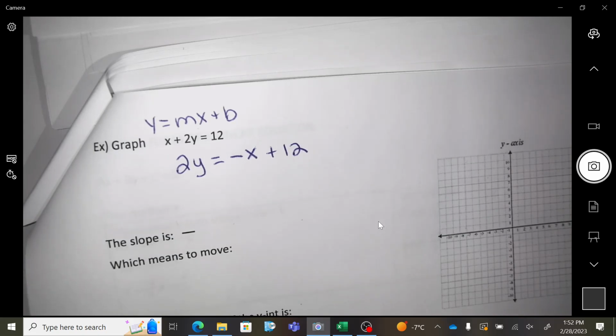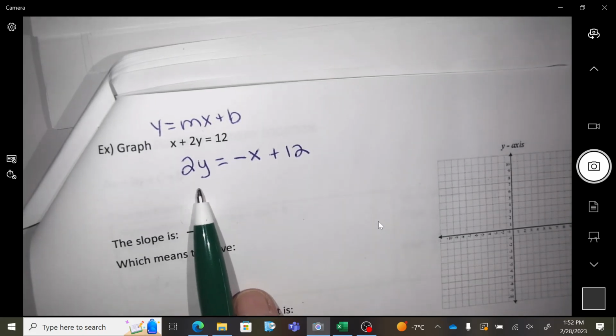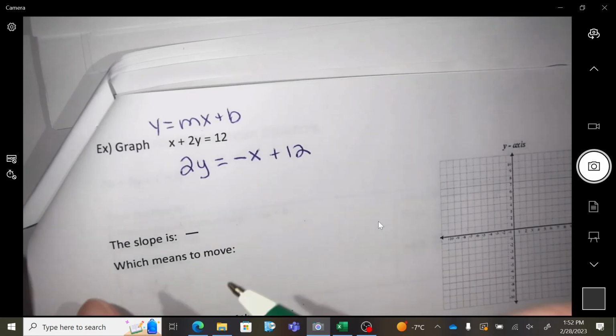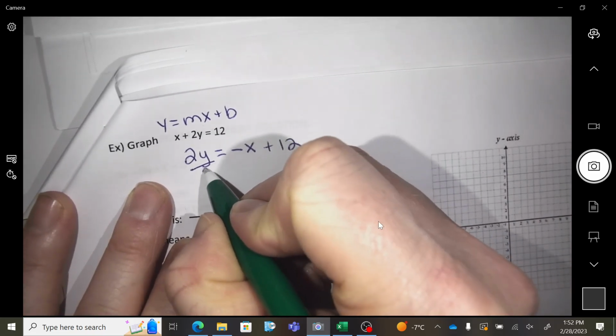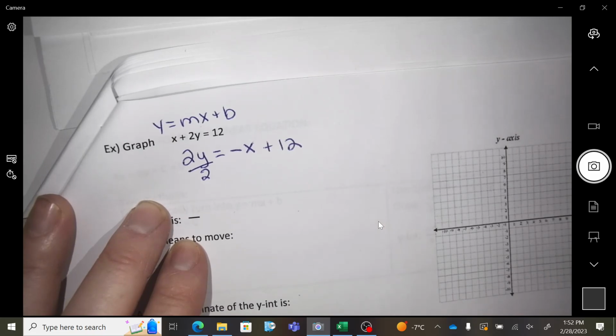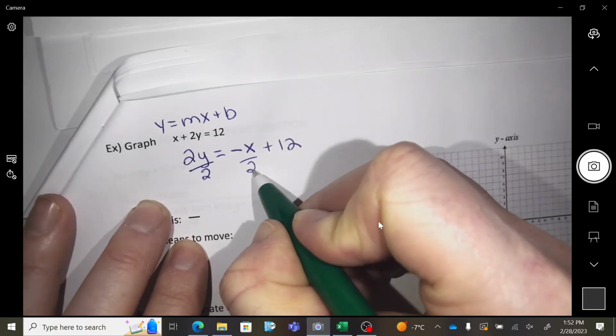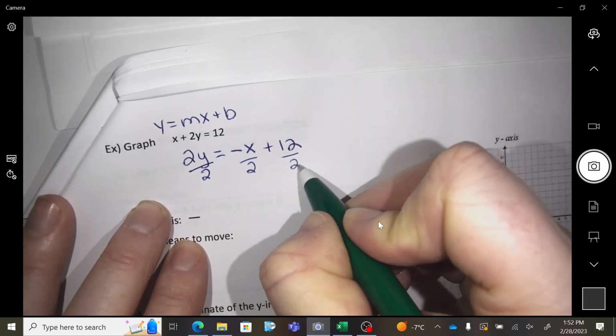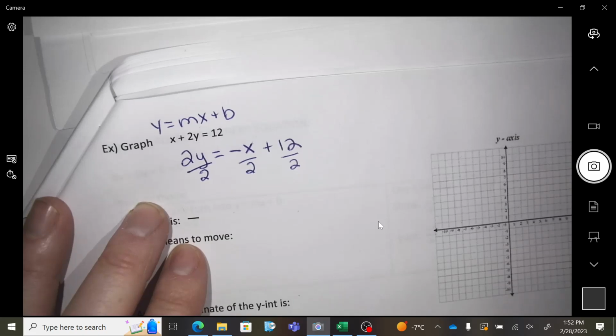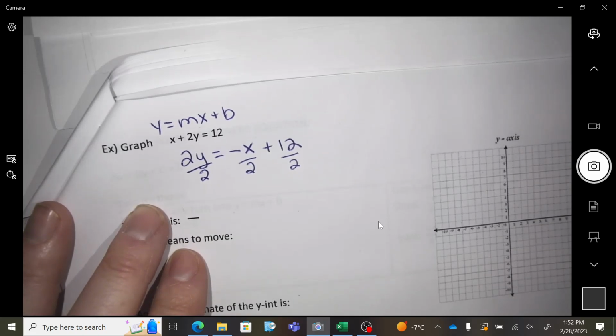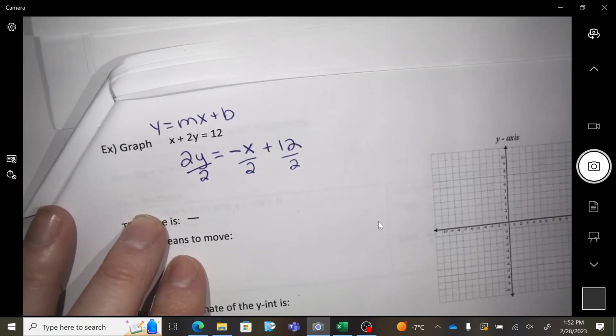Still not there though. I have 2y and I need a 1y, so I'm going to divide by 2. What happens when I do that? I'd have to divide that by 2 and that by 2. To make things equal, if you do something, you got to do it to everything.